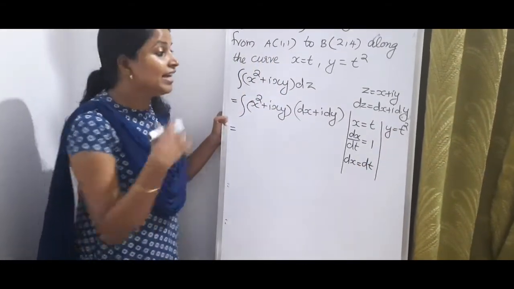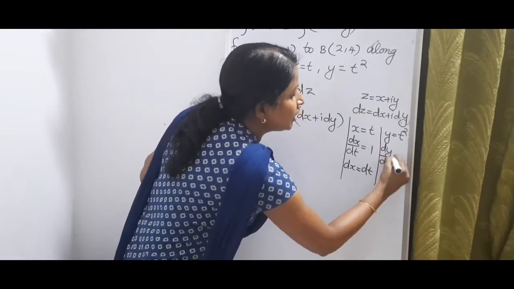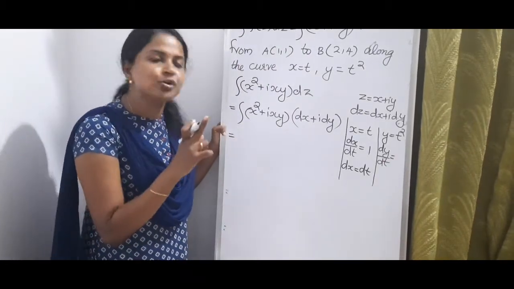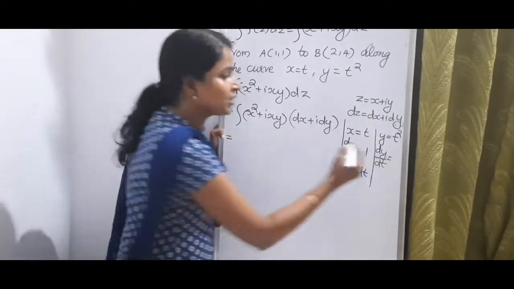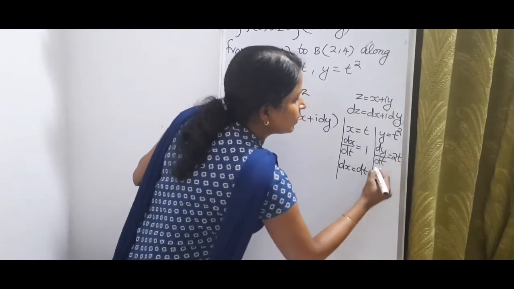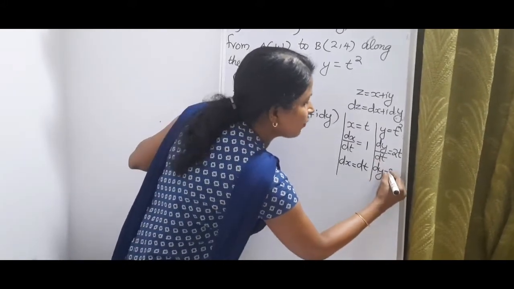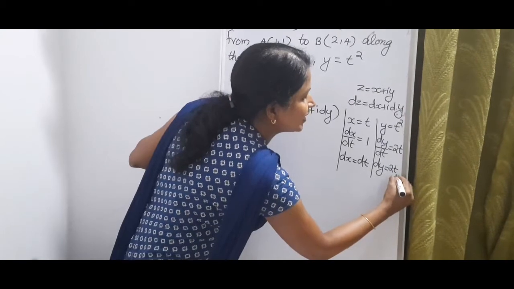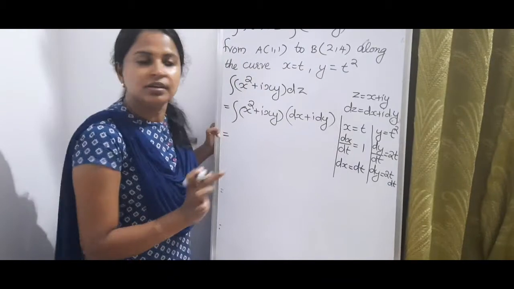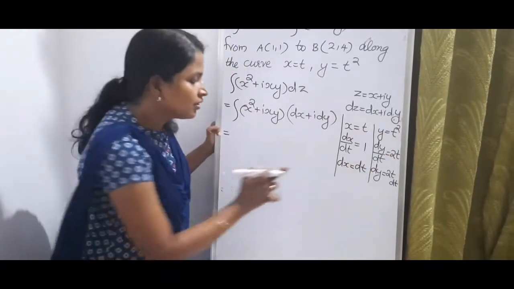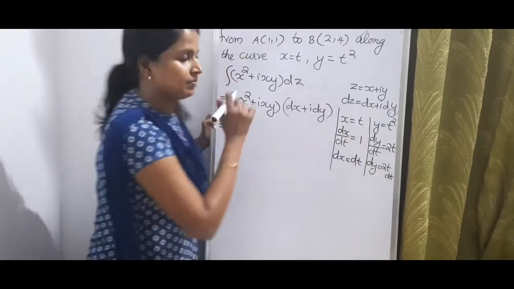y equal to t square. Find dy by dt, differentiating y with respect to t. The derivative of t square with respect to t is 2t. That is dy equal to 2t dt. So we substitute x equal to t, y equal to t square, dx equal to dt and dy equal to 2t dt.